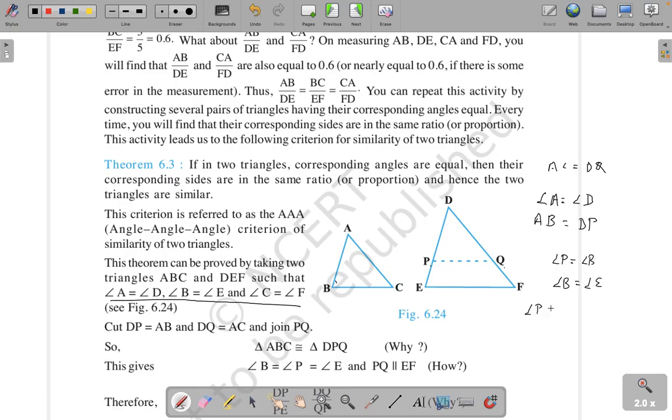Yes, angle P is equal to angle E. Similarly, can we say angle Q is equal to angle F? Then what does this mean? If this and this are equal and this and this are equal, what does this mean? So all the angles are equal, like ABC and DEF. But it was already given.